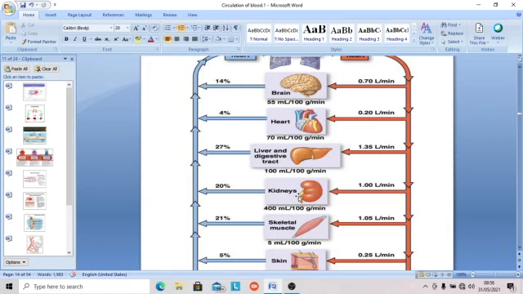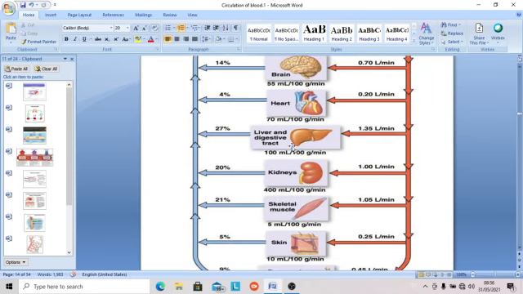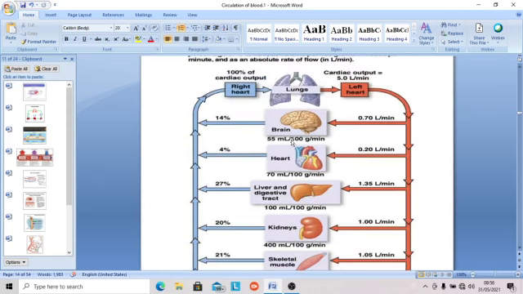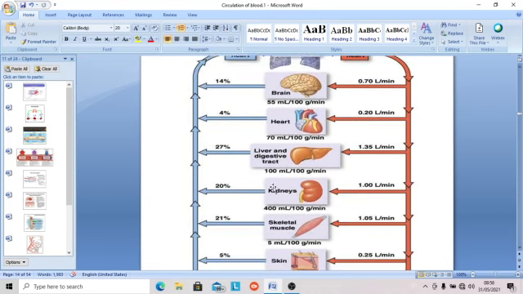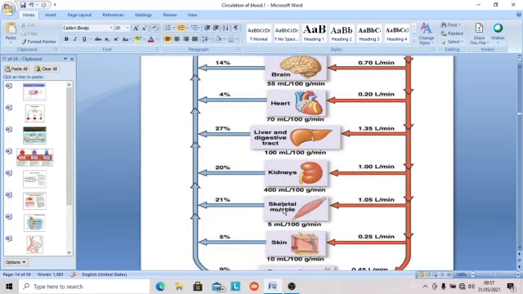So not only the requirement for the kidney tissues for survival, but a lot of extra blood is given because you want to filter the blood, remove the waste products. So specific work. So huge blood supply per 100 gram tissue, that is 400 milliliter. That is the kidney. You can see the maximum in the body for 100 gram tissue. Maximum blood is given to the kidney because you want to filter the blood.